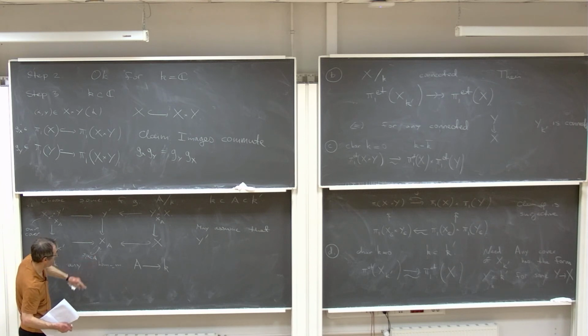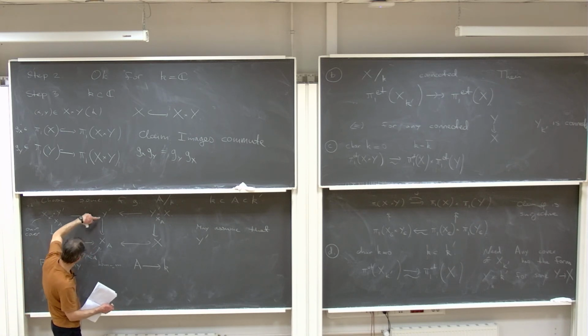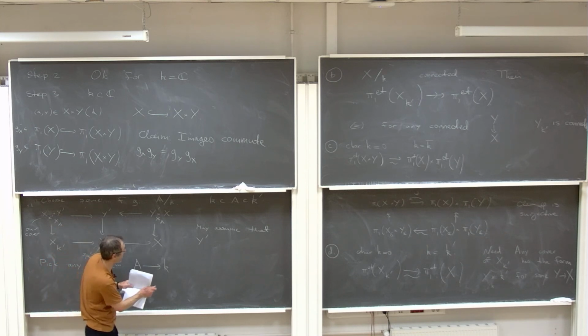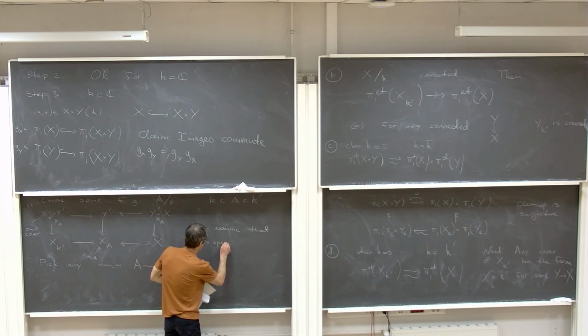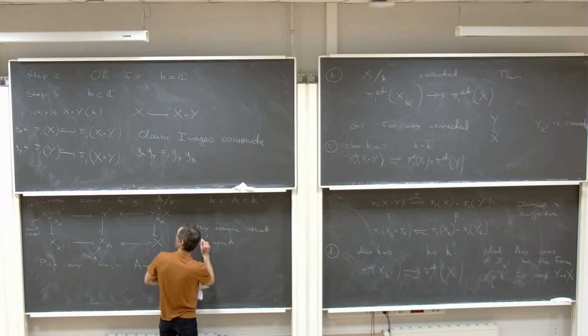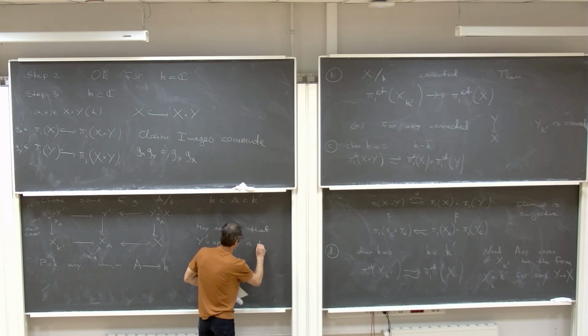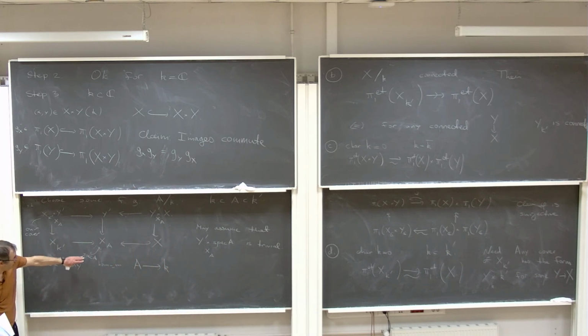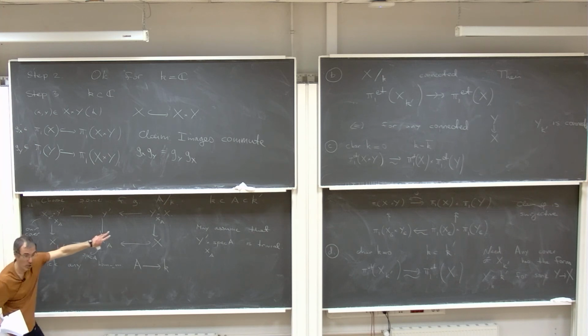And without loss of generality, I may assume that the restriction of this cover to spec A is trivial. Why can I assume this? Because if it's not the case, I can construct a cover over spec A, which still maps to K prime, so that this is true. All right? Because K prime is algebraically closed.